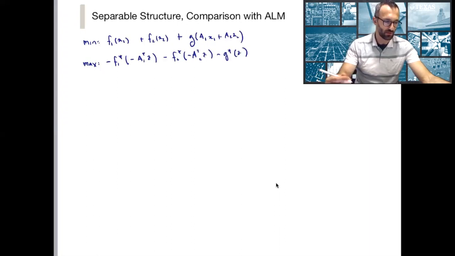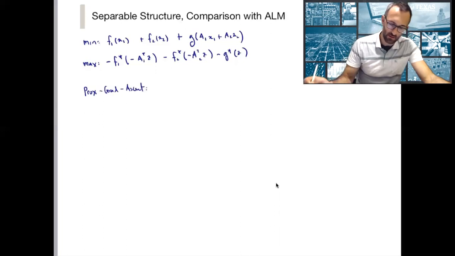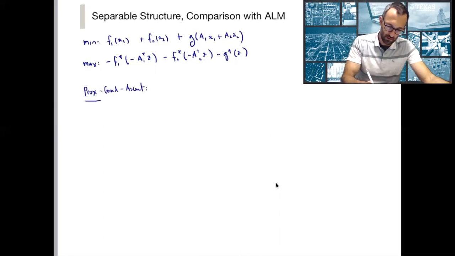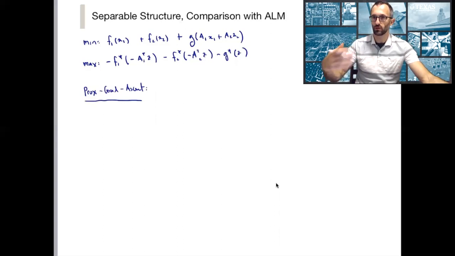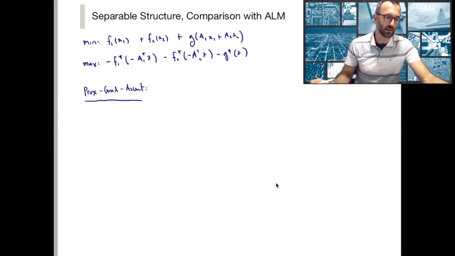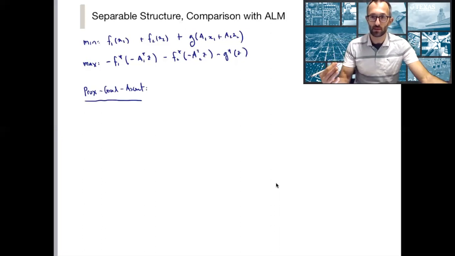We don't have to derive them again. What is proximal gradient descent? If you want to put in the details, I really encourage you to go back and do all of these calculations. But at least the form should now be something that we expect.